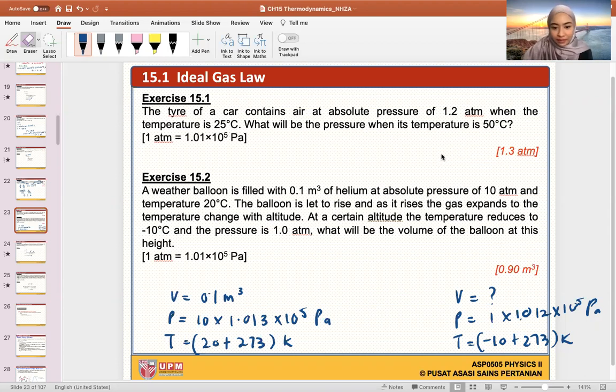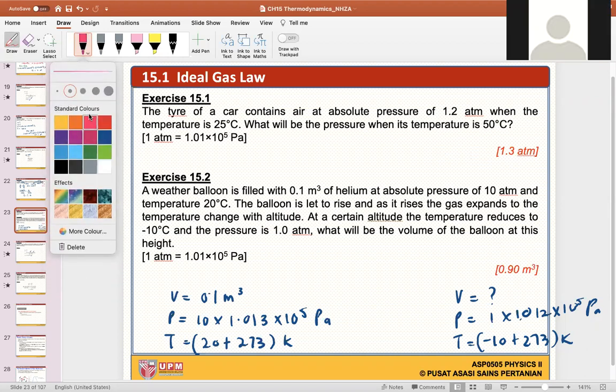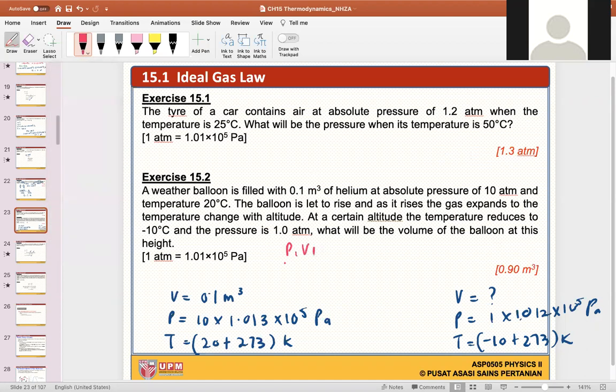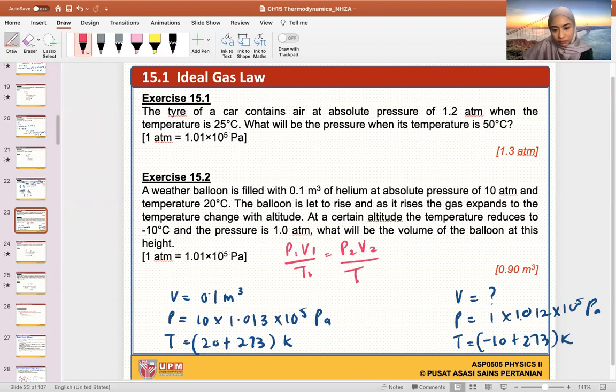Okay. Can you help me solve this one? How did you do? The formula that I use is P1 V1 over T1 equal to P2 V2 over T2. And the equation that we need to find is V2.